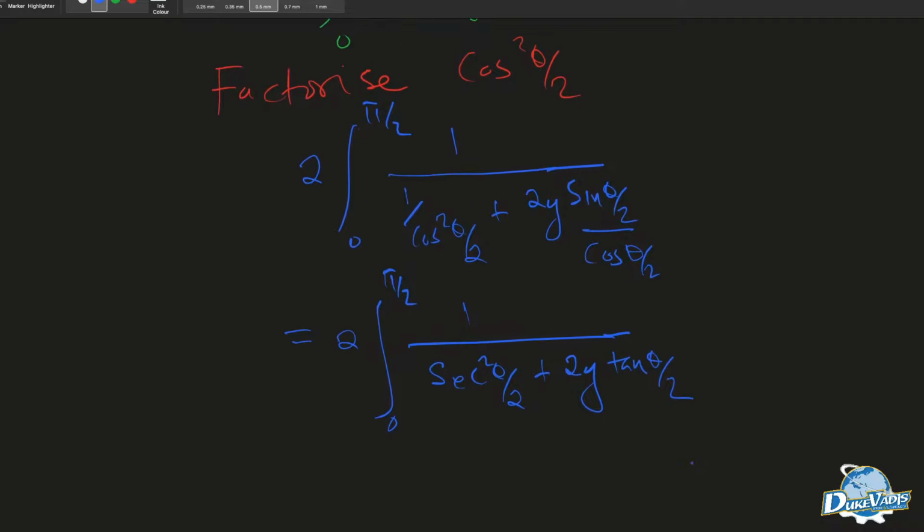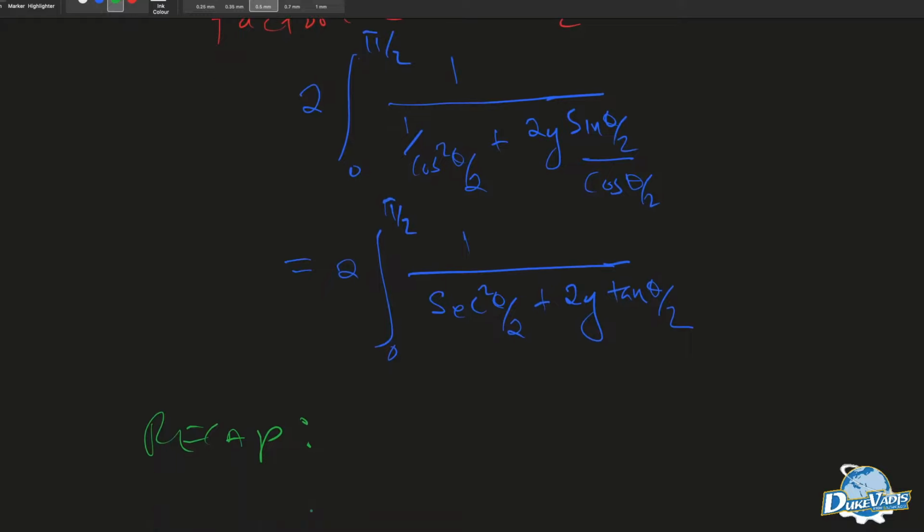We're getting there. So, if this is the case, then we should recap that the earlier times we made some suggestions. We said we should let z be equal to tan theta over 2.